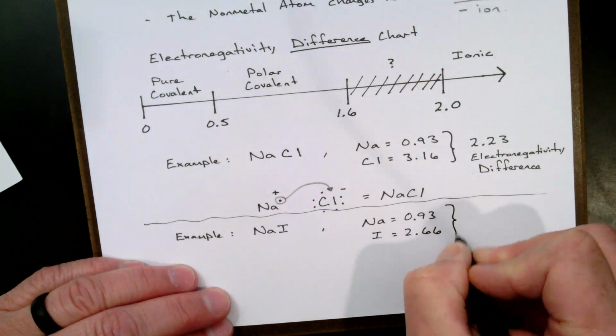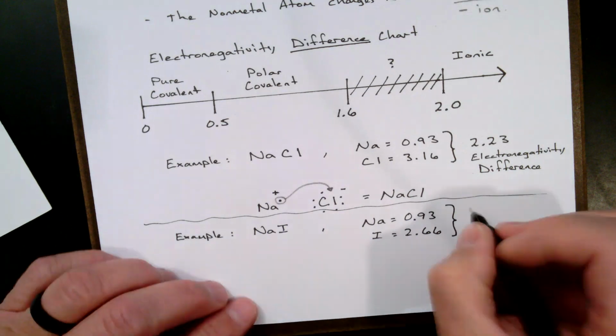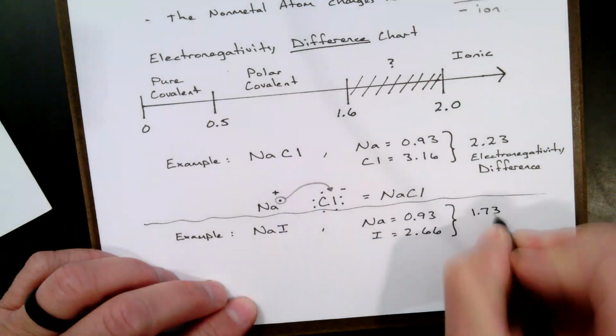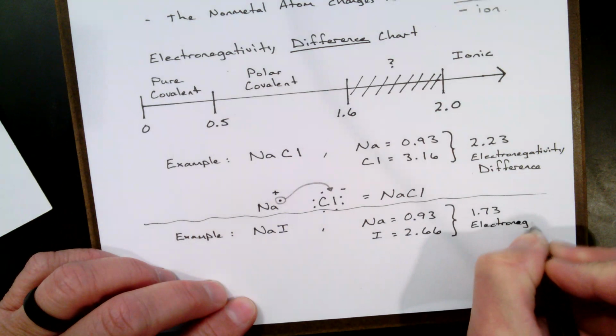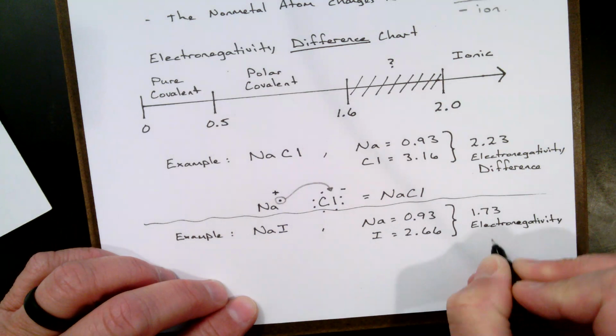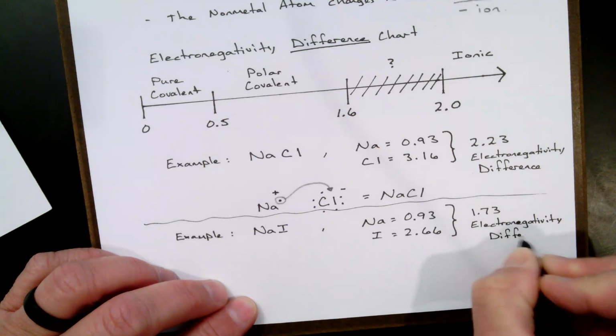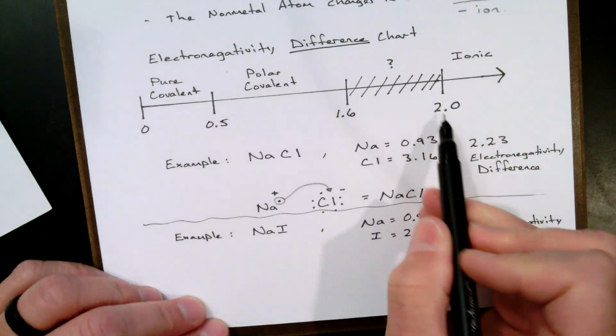So when we look at the electronegativity difference between Na and I, I take 2.66 and subtract 0.93, and I get 1.73. 1.73 is the electronegativity difference.